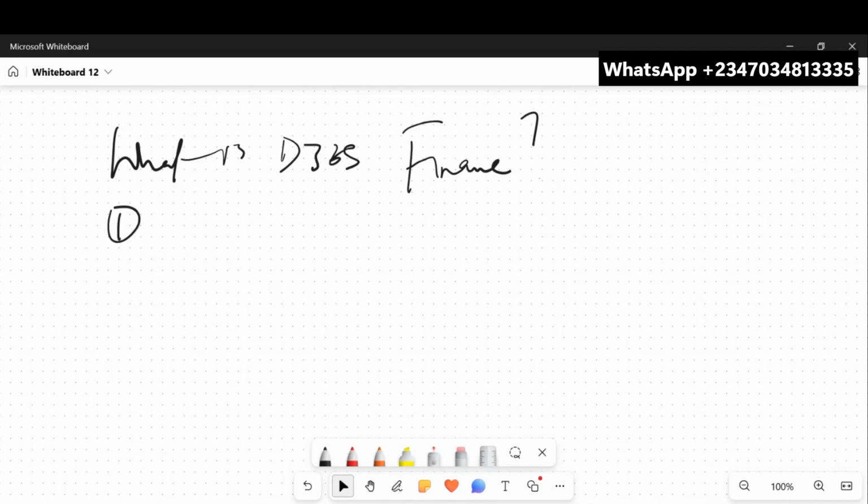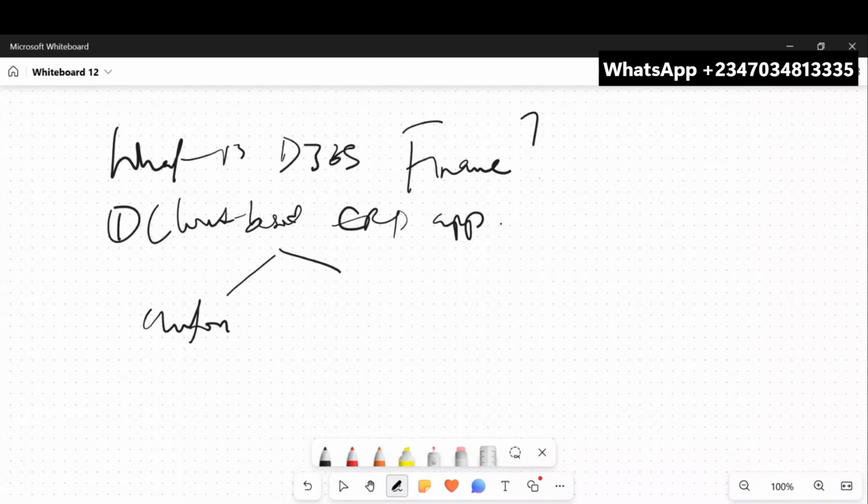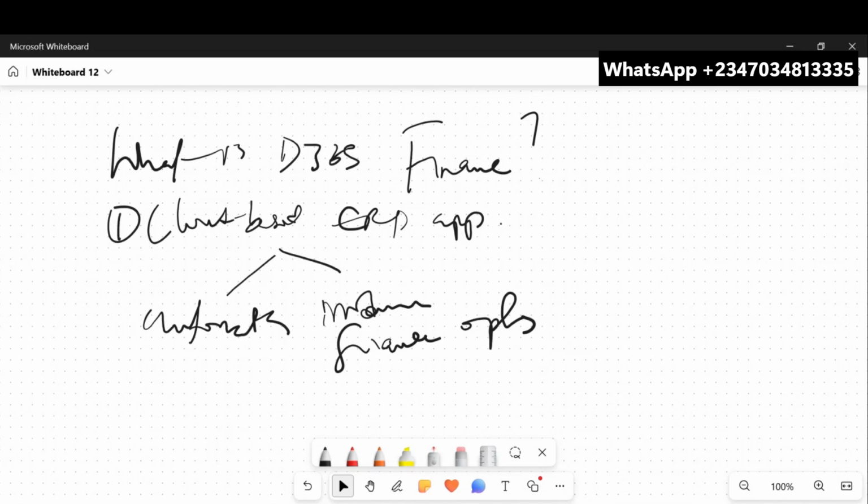First, D365 on its own is a cloud-based ERP application, but it's meant to do two important things. One is to automate processes, and two is to modernize finance operations.